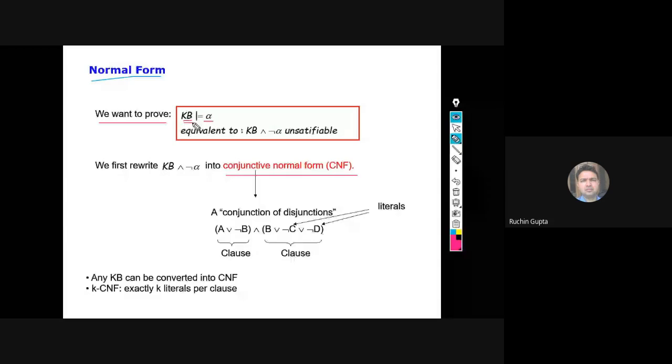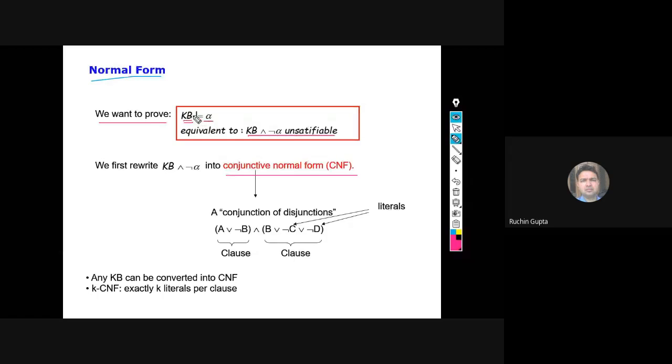It means that if all the facts in the knowledge base are true, then alpha is going to be true. In other words, KB logical and not alpha is unsatisfiable. If we prove that, it means alpha can be derived from the knowledge base KB.